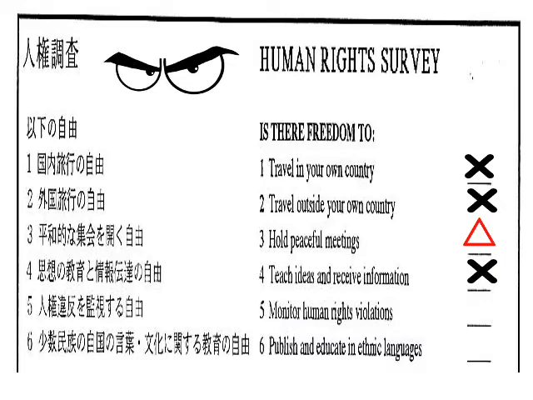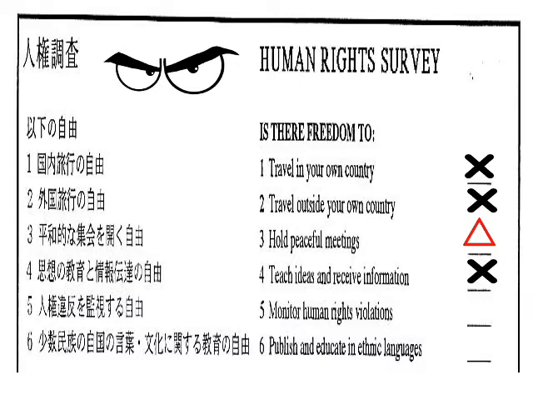Teach ideas and receive information? No, not free. Please explain, as a student. And they will say, well, in high school we have textbooks, but those textbooks are authorized by the Japanese Ministry of Education. They're censored. Those textbooks have to be vetted by the government before we can use them. That's not free.